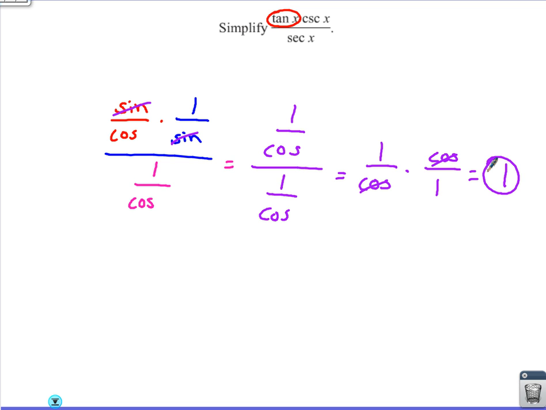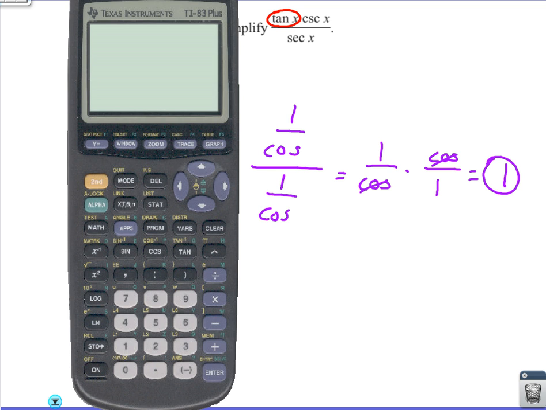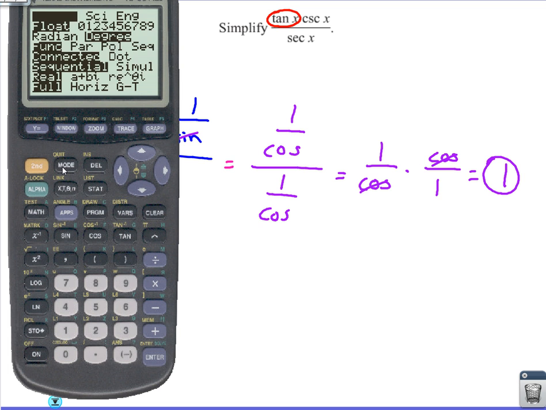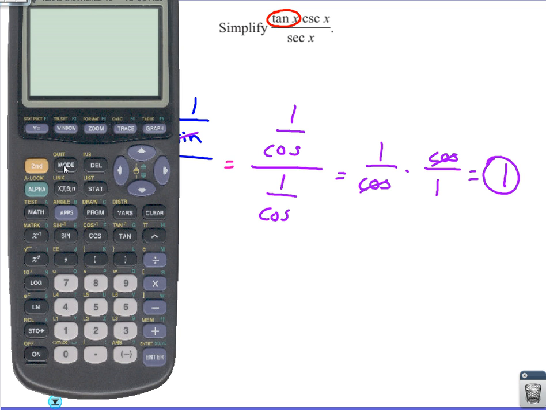If you don't believe me, well, I'll show you. Watch this. Pick any angle, because this formula should work for any angle. The x is just a general angle. I'm going to make sure I'm in degree mode. Let's do the tangent of 45 times the cosecant of 45.